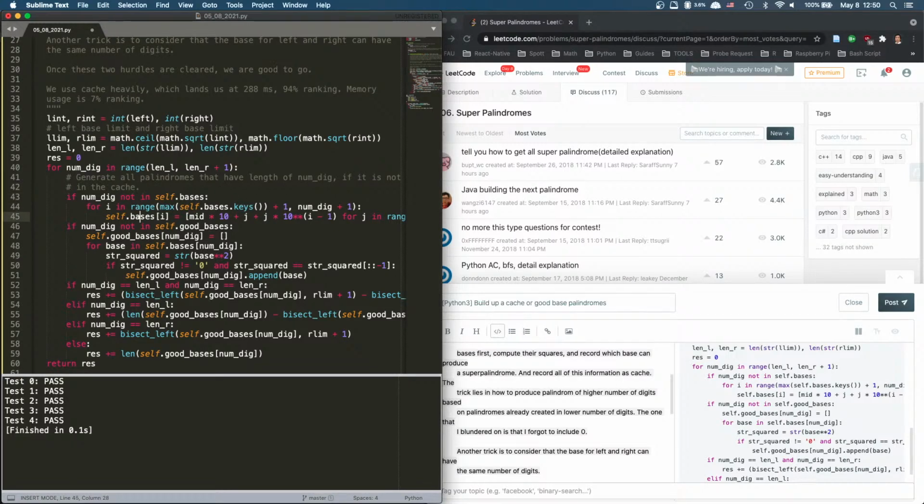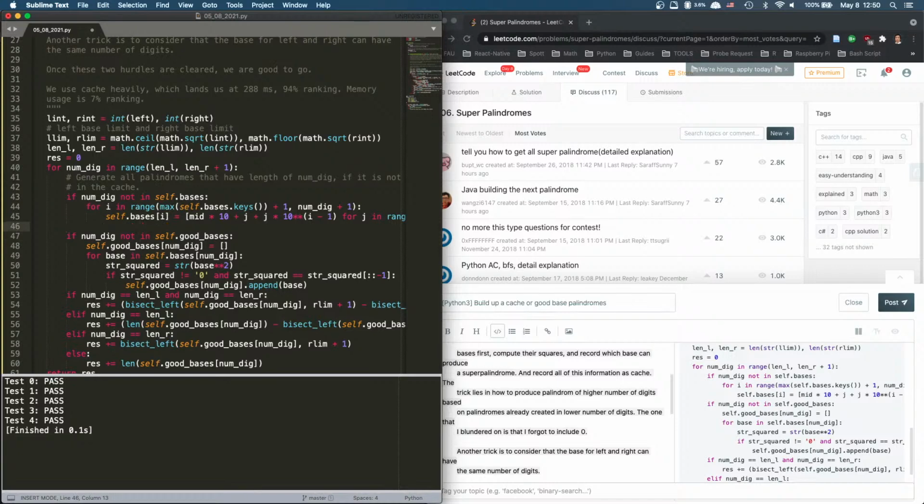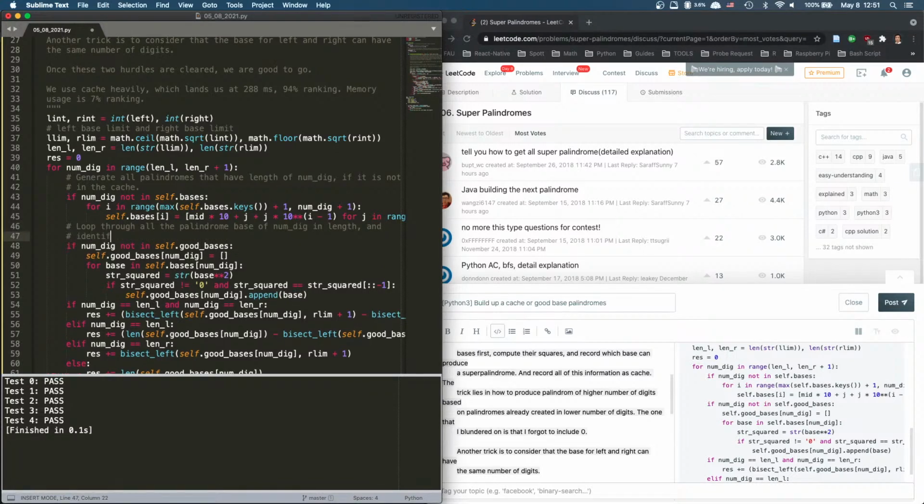And then this one is loop through all the palindrome bases of num digit in length and identify which ones can produce super palindromes.